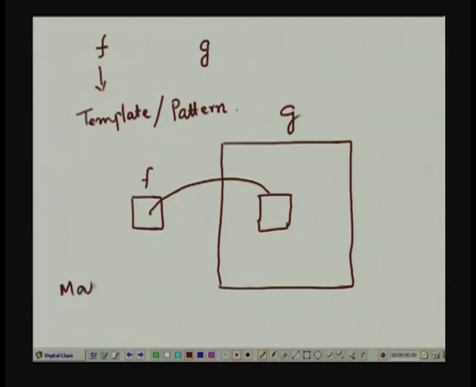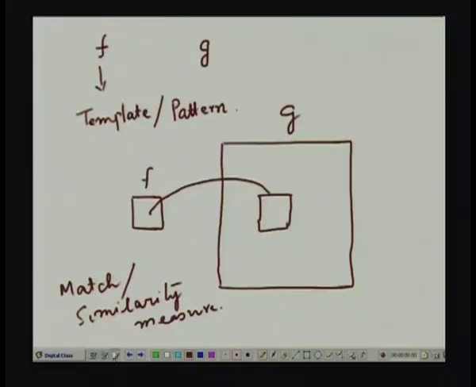So, we have to take different match or similarity measures to find out where this template F matches best in the given image G. There are various such match or mismatch measures, and let us see what the different measures are that can be used.